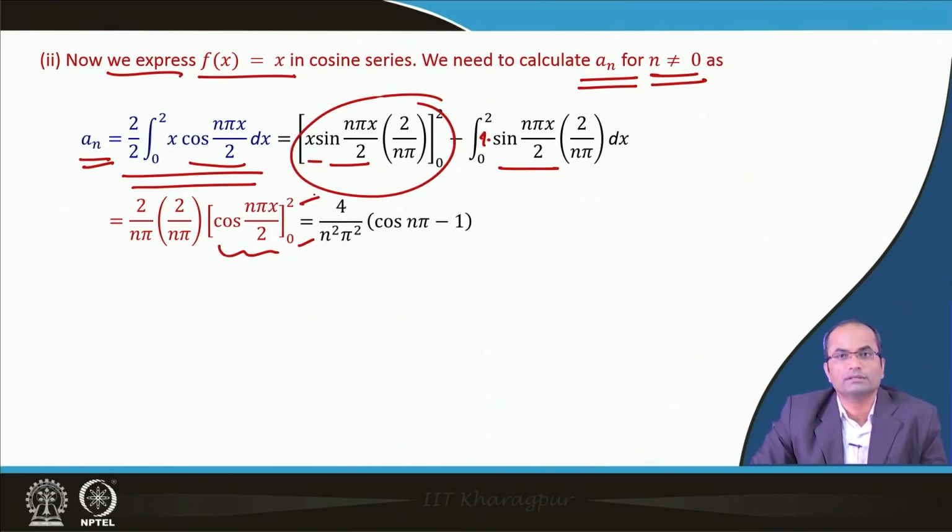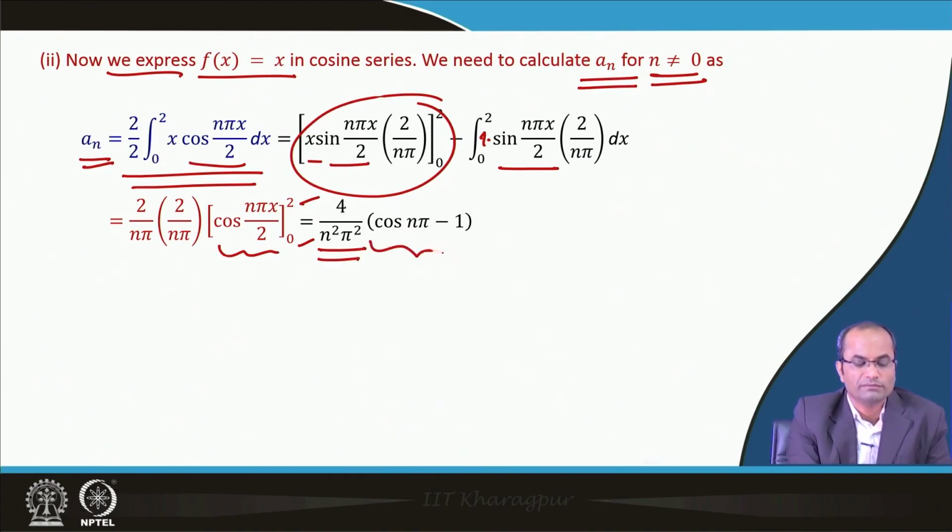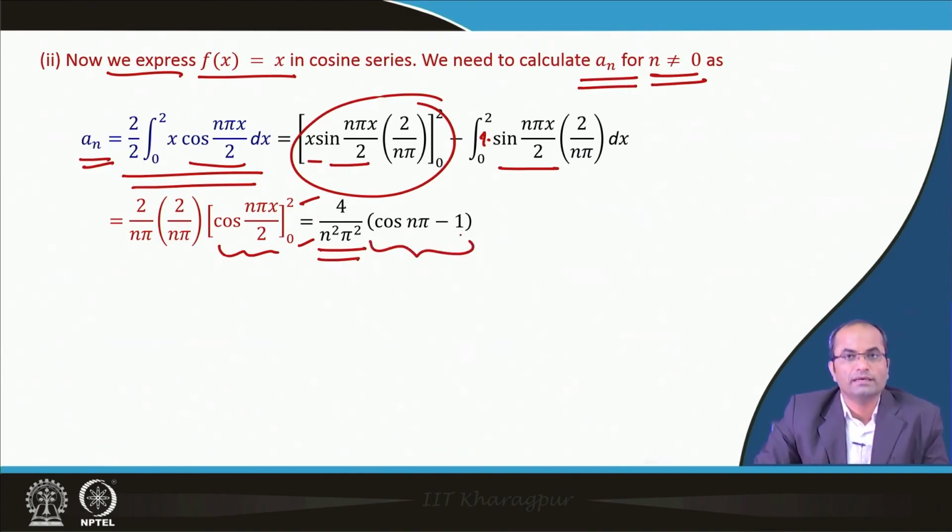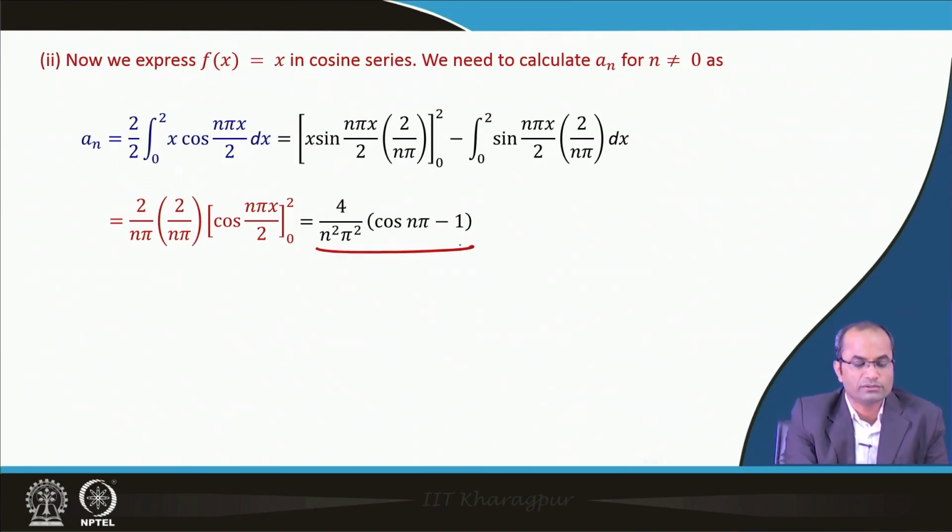After substituting these limits, we are getting 4 over n squared pi squared times (cos(n pi) minus 1). So, we have the coefficient here for a_n as well, and we can write down its series here with this n.